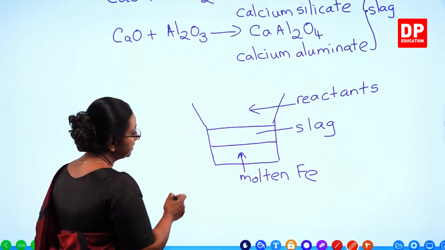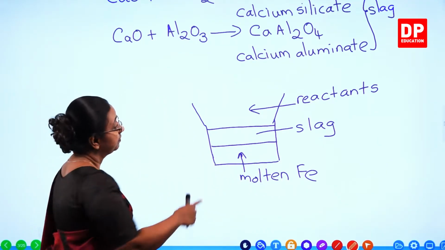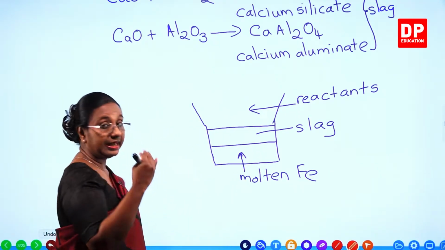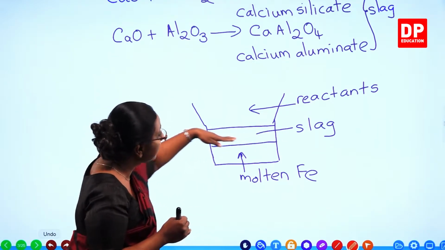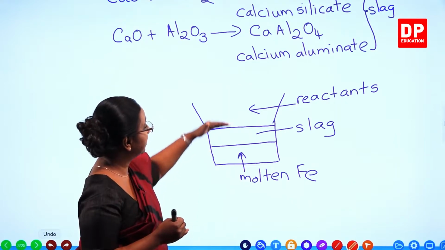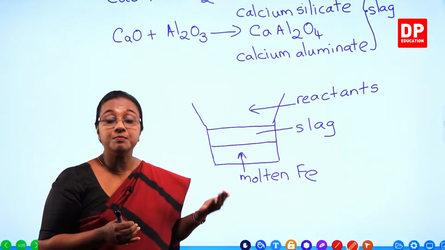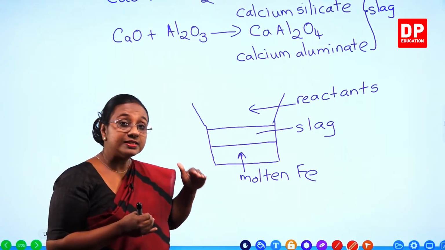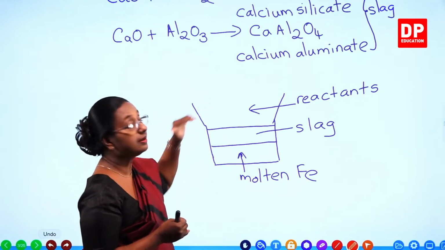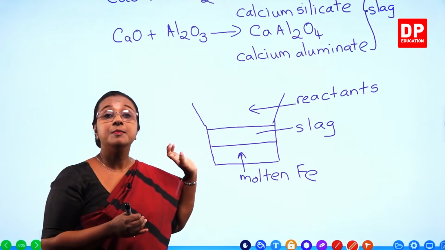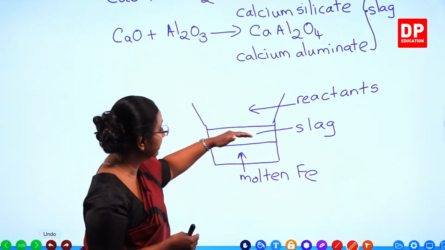So what happens is we have the molten iron. It's also at high temperature. It's very reactive. Here all the substances are again at high temperature. But this slag acts as a separating layer between the molten iron and the rest of the substances. So within the reactants there are impurities as well. So the slag prevents the reaction of molten iron with the reactants, the substances that are present inside the blast furnace. So that is an advantage of having slag.